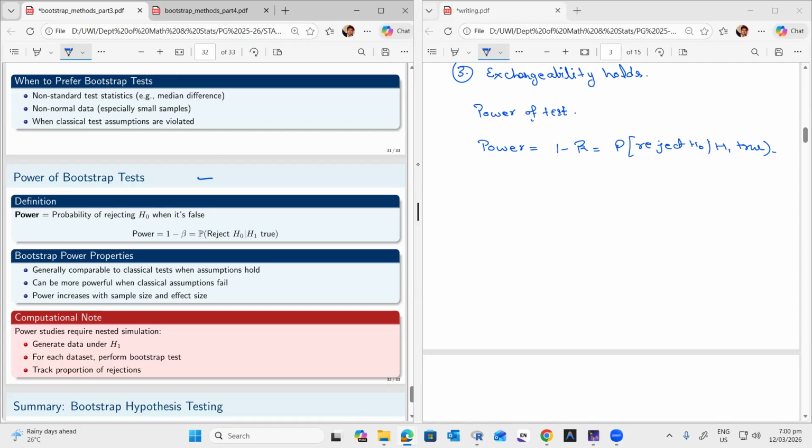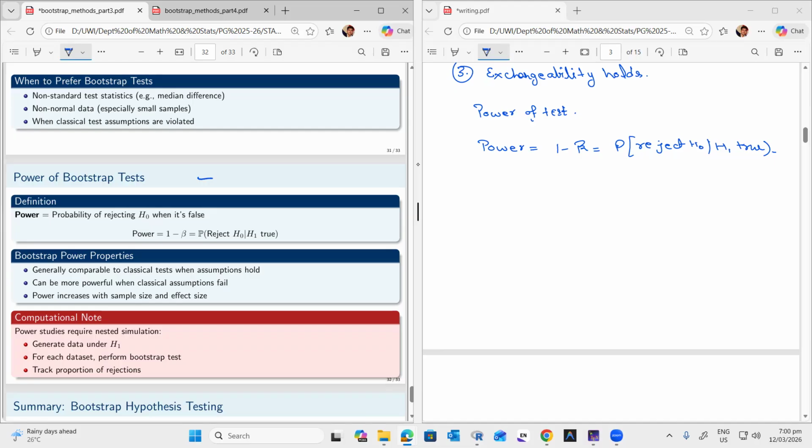All right, so how do you assess that? Generate a data set under the alternative hypothesis with a specified effect size, using nested simulation, the nested or double resampling bootstrap methods we discussed earlier. In the outer loop, you generate a data set under the alternative hypothesis.